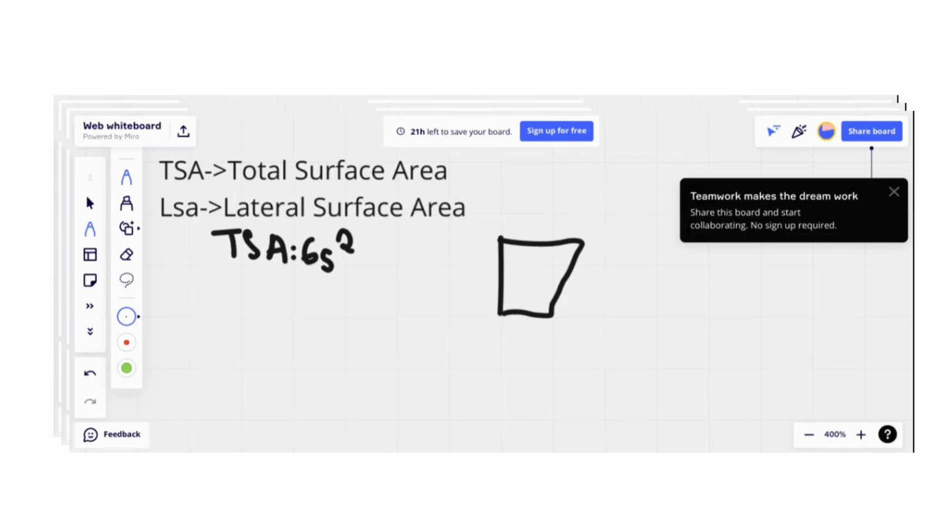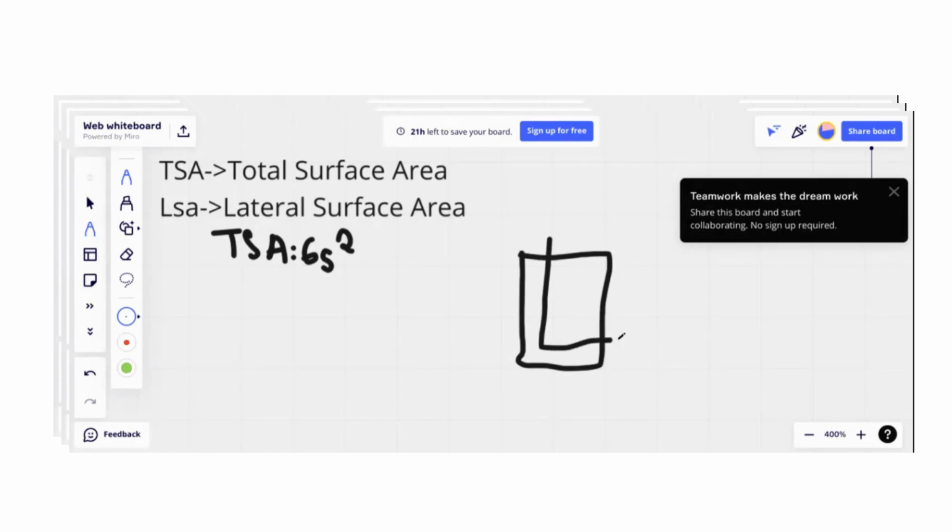Since they consist of squares, to find the area, we need to do side squared, which means side times side. Now for a cube, how many sides are there? There are 6, correct? Because if you think of a dice, there are 6 sides, and that's what a cube is. So we're going to take 6 and multiply it with the side squared.